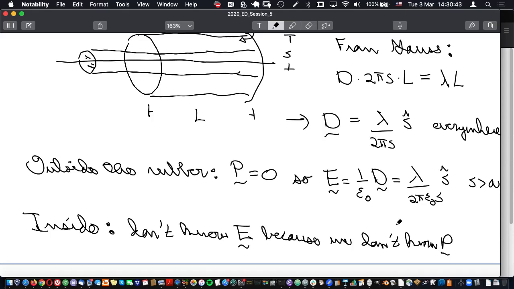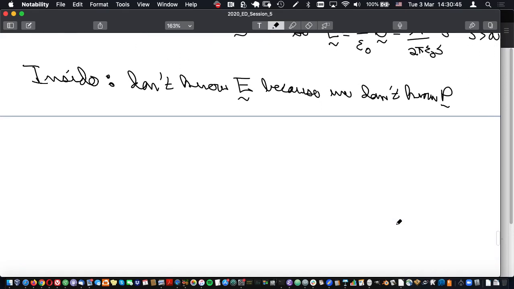Now there's a little note of caution here. If we had just the electrical field, you remember that if we take the curl of this, then we forget about it. But this is not true of D. So the curl of D does not necessarily vanish.